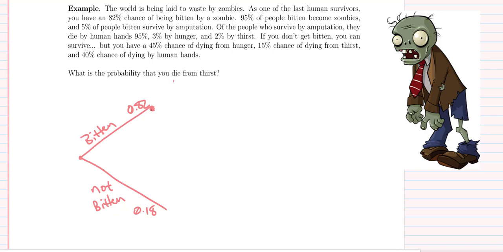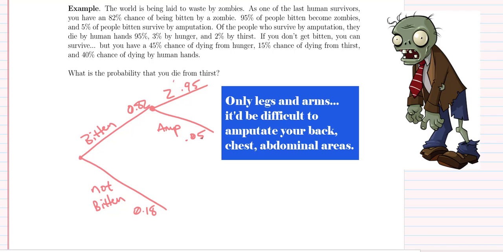So if you are bitten, you'll either become a zombie, that's 95% of the time, or you'll survive by amputation, that's just 5% of the time.